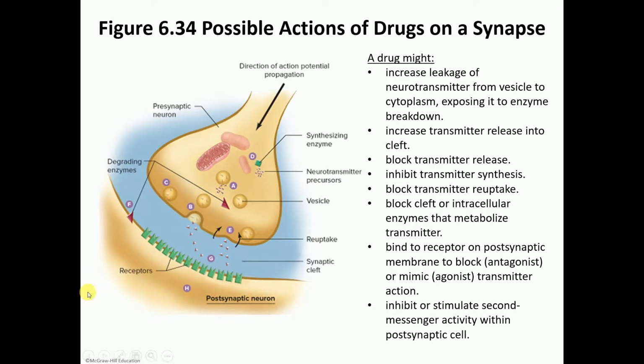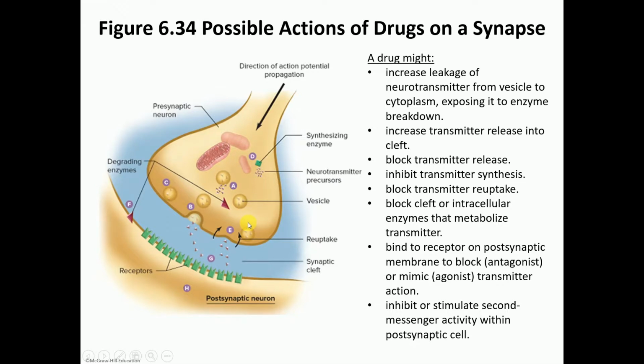Or maybe the neurotransmitter is released and there are enzymes here in the synaptic cleft that could deactivate and break down the neurotransmitter. So we could either activate or inhibit that enzyme. How about we increase the reuptake?